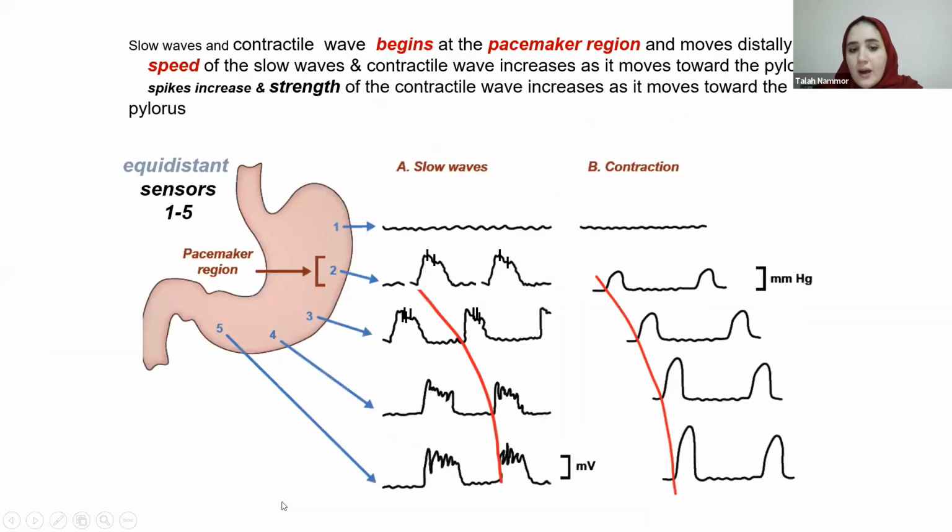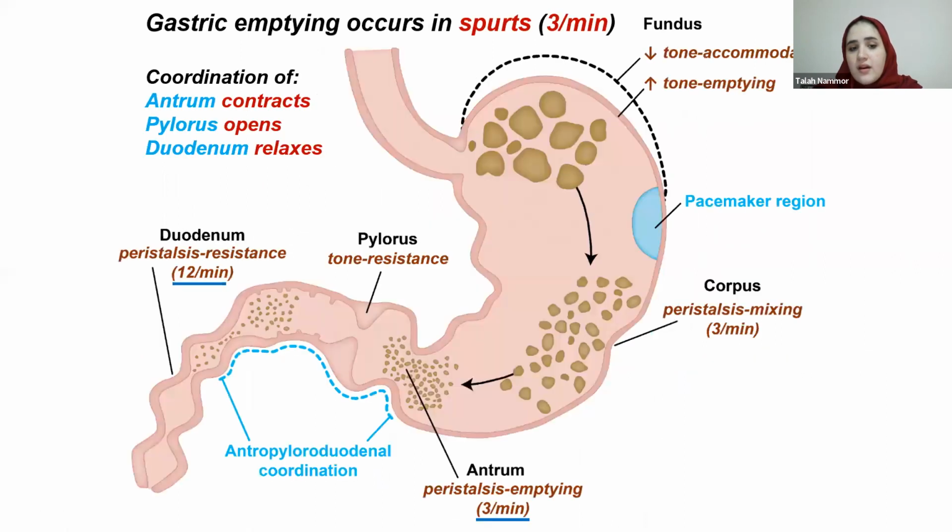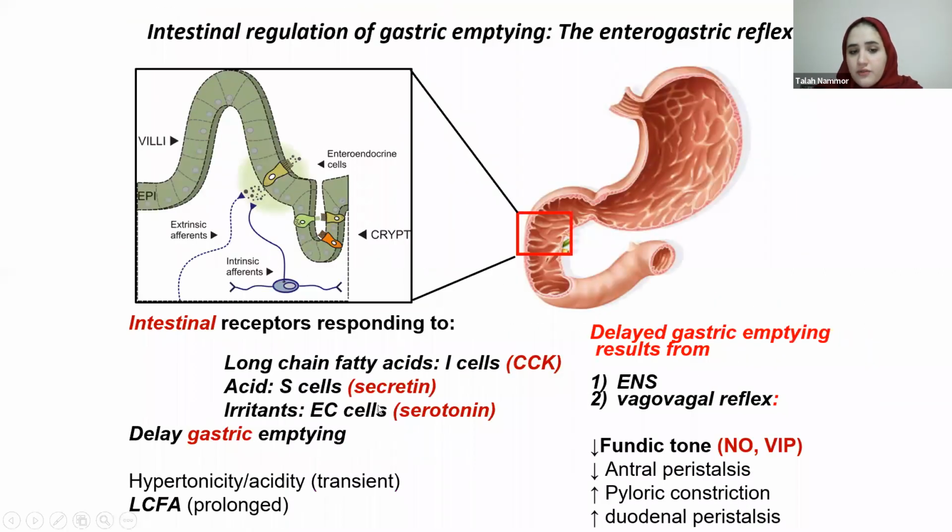So what happens is that in the duodenum, the release of CCK and secretin, and also serotonin, will activate the vagus nerve and the enteric nervous system to activate inhibitory neurons to release nitric oxide and VIP. Nitric oxide will decrease the fundic tone, so it's not going to contract as strongly as it used to, and it will decrease the peristalsis.